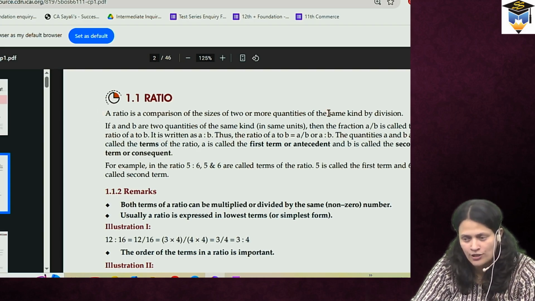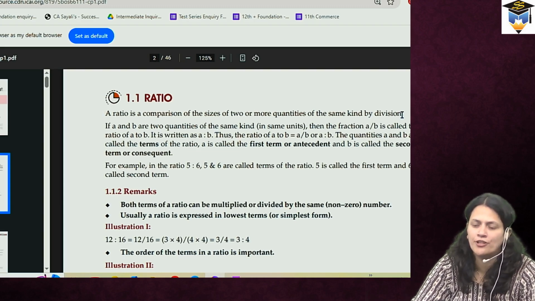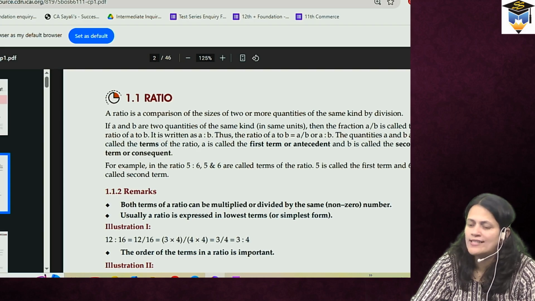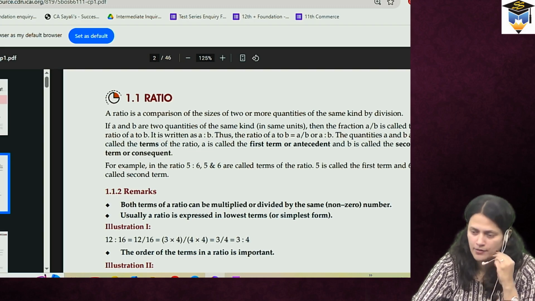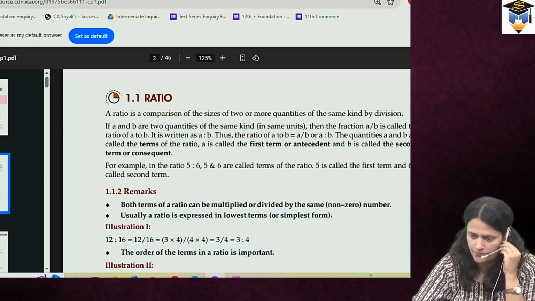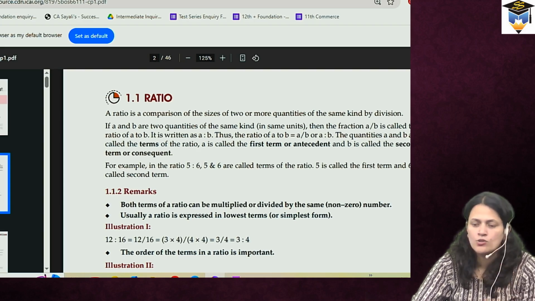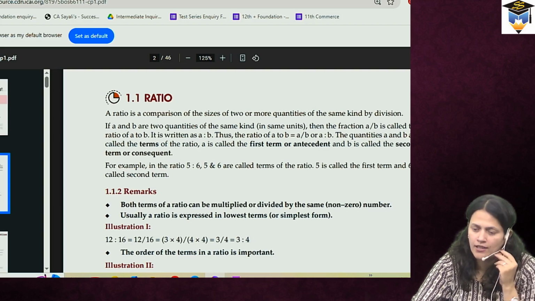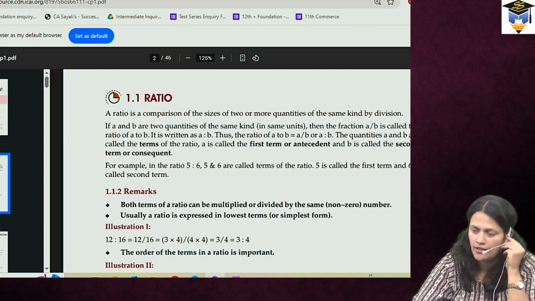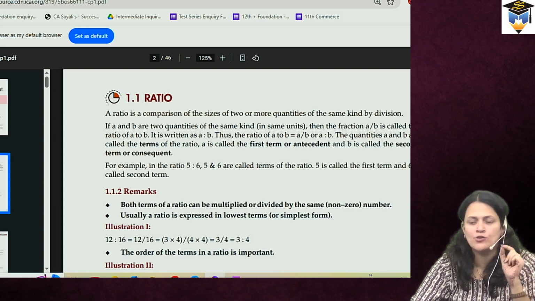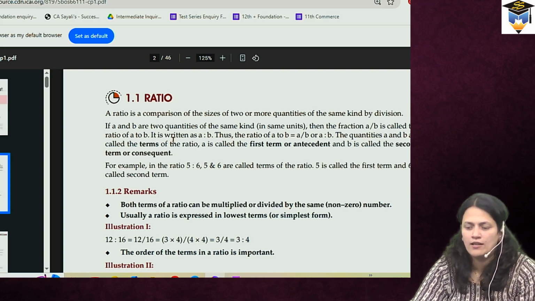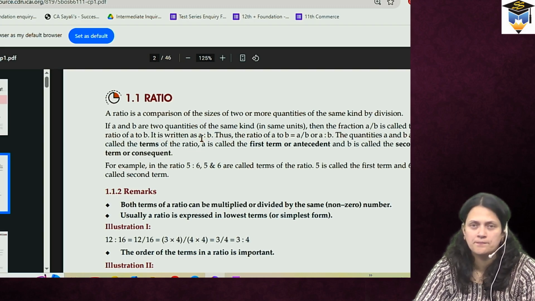Just write down the first sentence which you can see over here. A ratio is a comparison of sizes of 2 or more quantities of the same kind by division. So basically, if A and B are 2 quantities of the same kind, then the fraction A upon B is called A:B.